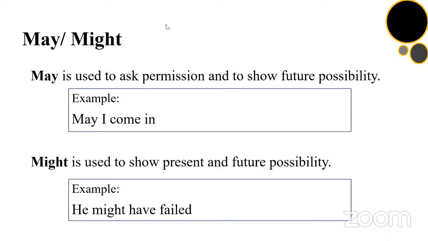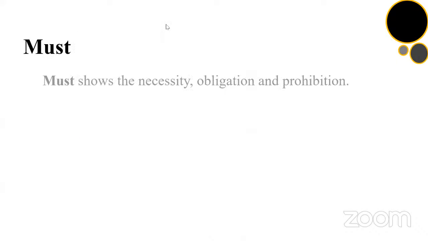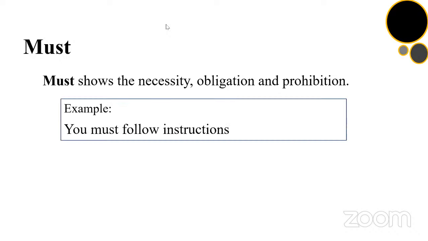So must is an obligation, a necessity, and also a prohibition. Especially when you talk about prohibition, must will always be there. You must follow instructions. It is a duty, so you're not supposed to deviate from it.